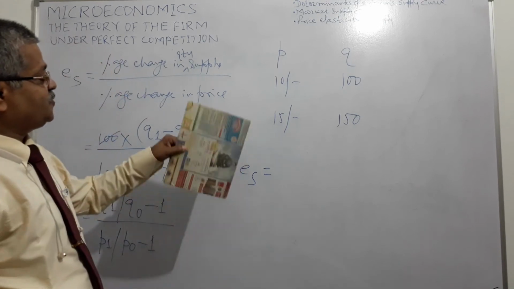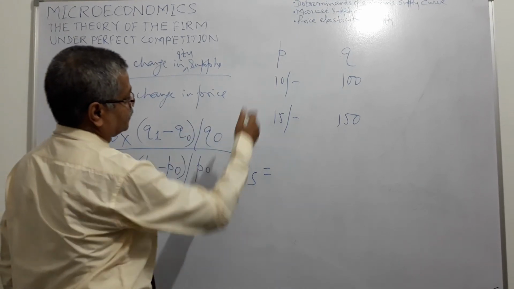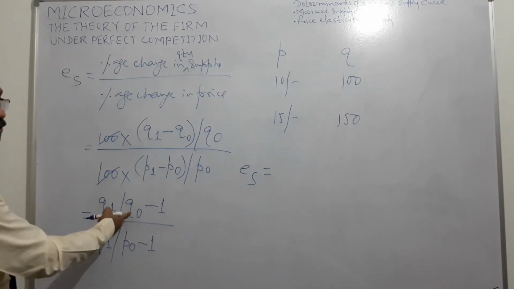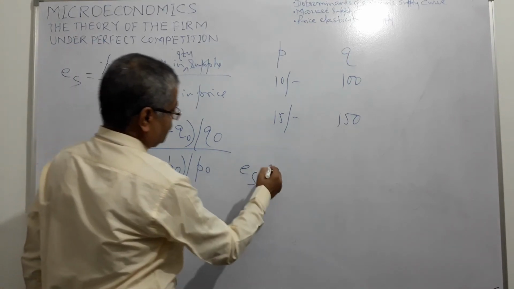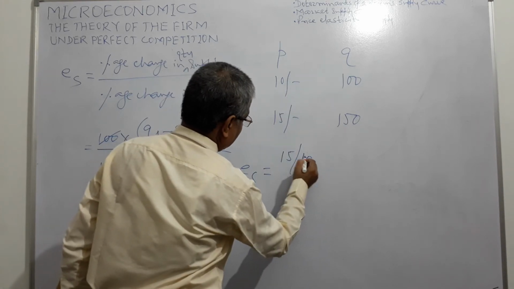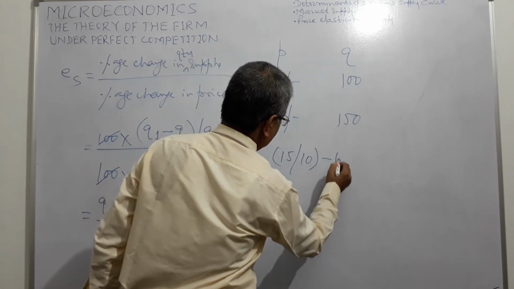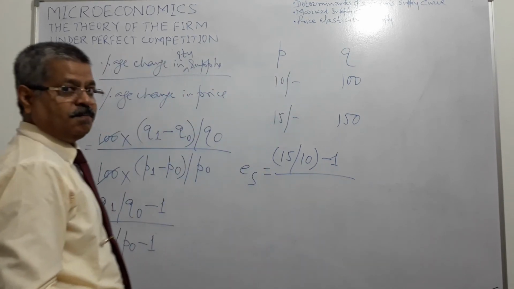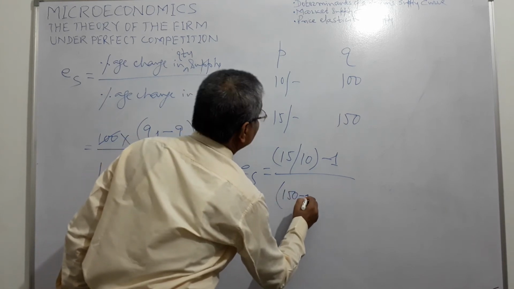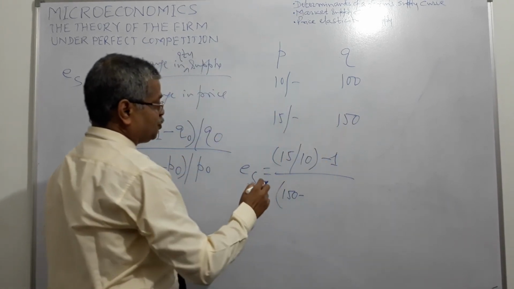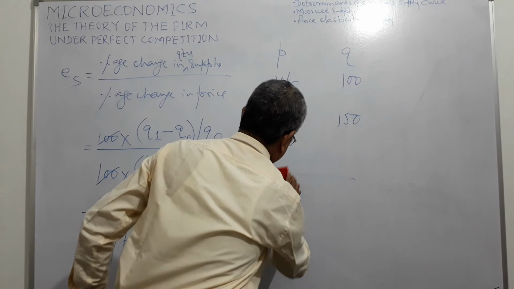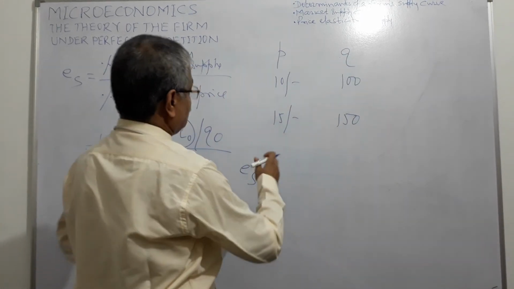What is the change in quantity supplied? How do we get it? We have already seen Q1 upon Q0 minus 1, upon P1 upon P0 minus 1. I did it the other way around, so let us redo it.